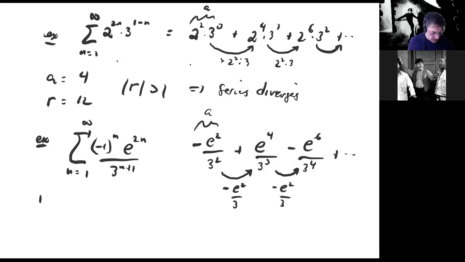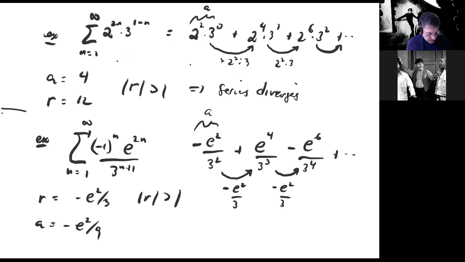So here the common ratio is negative e squared over 3, and a is equal to negative e squared over 3 squared, negative e squared over 9, okay? Now e squared is about 9, so the absolute value of r here is bigger than 1, so this series is again going to diverge. It's the second case of divergence. Okay, so let's try one more example.